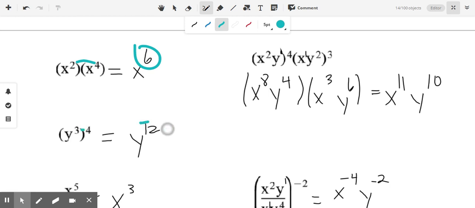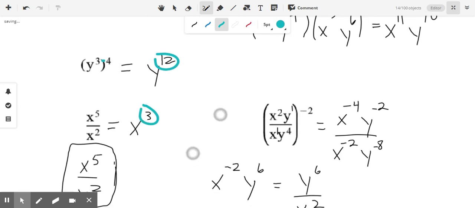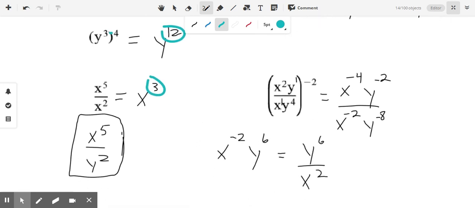I'm going to multiply 3 times 4. That's where they get 12. Look at this one, x to the 5th over x squared. Divide, I'm going to subtract. 5 minus 2, that's where they get the 3, right? 5 minus 2 is 3. Remember, if the bases are different, x to the 5th over y squared, I can't do anything with it.